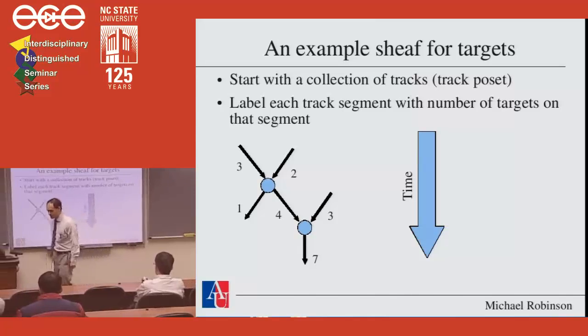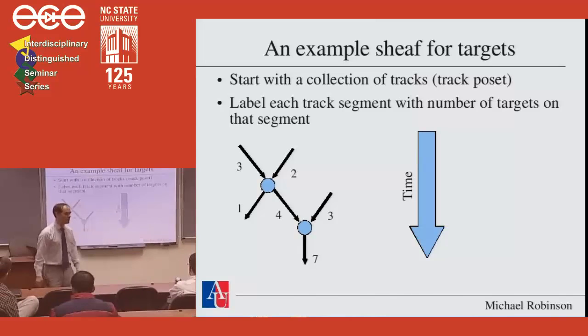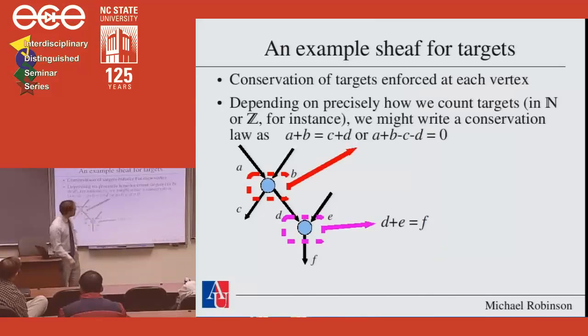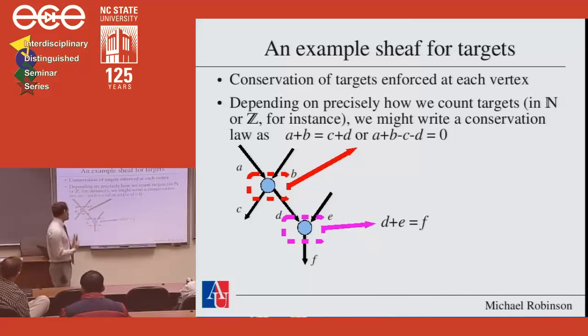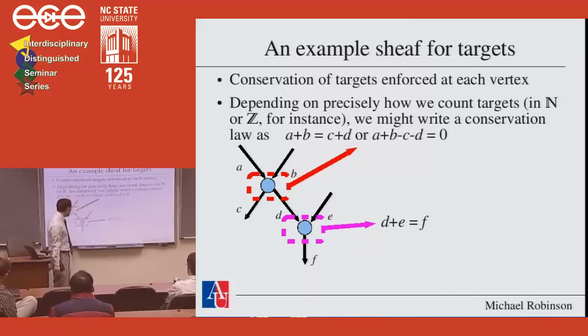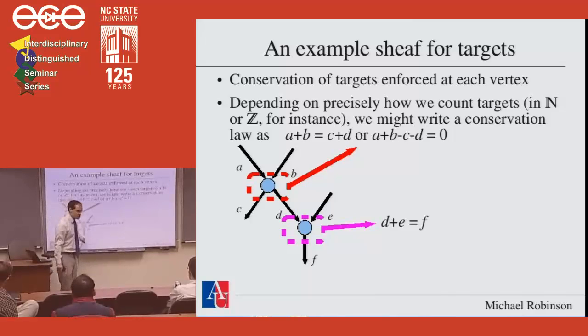Maybe this doesn't always happen, and sometimes you have a package that gets lost. But the point of the matter is that sort of conservation rule suggests that I ought to think about labeling the edges of this distribution directed graph with some kind of data that says I've got A packages here, B of them here, C of them here, D of them here, and they have to satisfy a rule that says something like A plus B equals C plus D. Similarly, at this other vertex, which has in-degree 2 and out-degree 1, maybe it should say D plus E is equal to F, just in terms of tracking total number of packages.